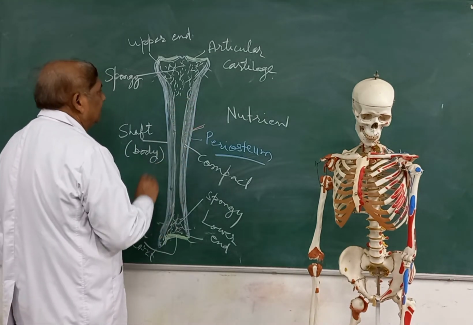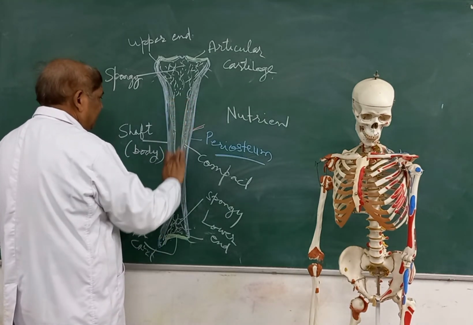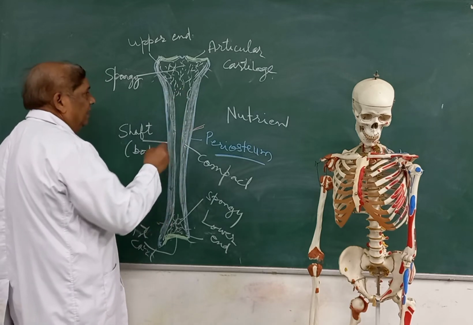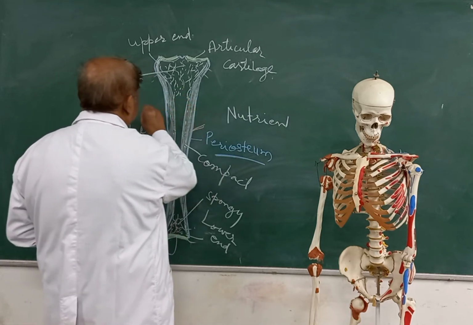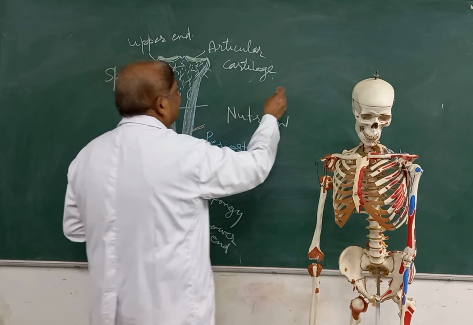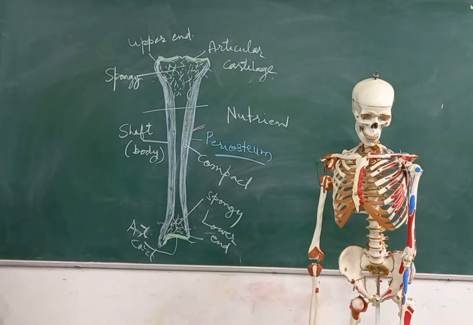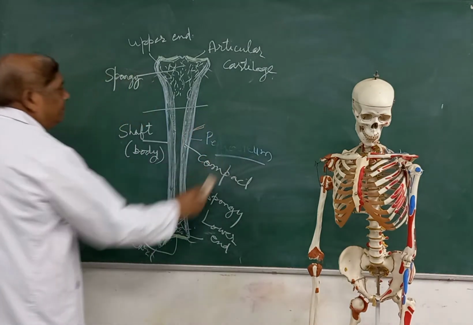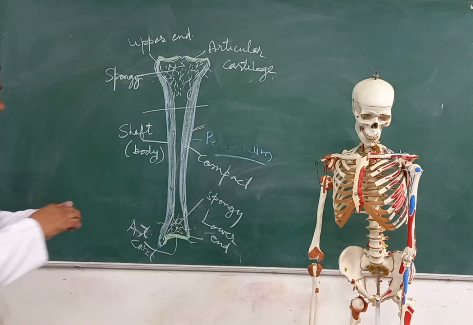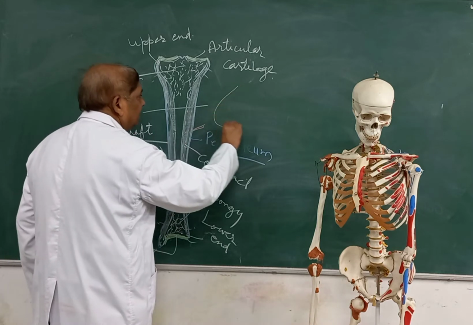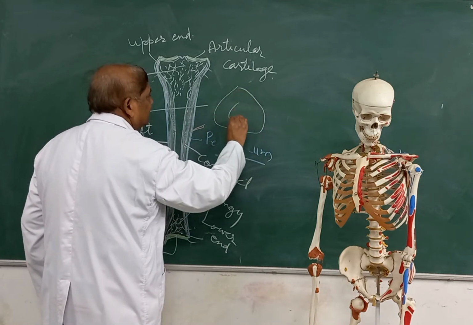There is bone here, and then there is a long cavity. Now suppose you cut a transverse section of this; it looks something like this, with the cavity surrounded by the compact bone. I am drawing very roughly here.